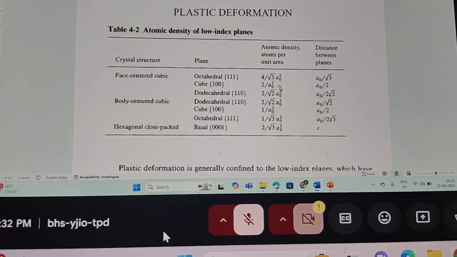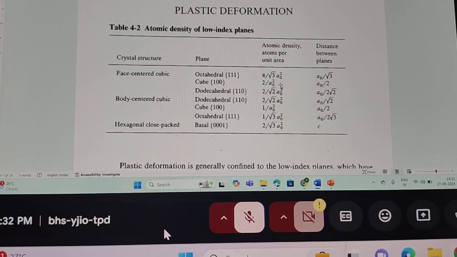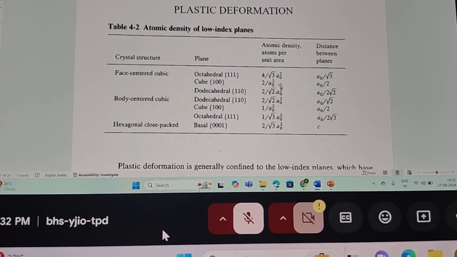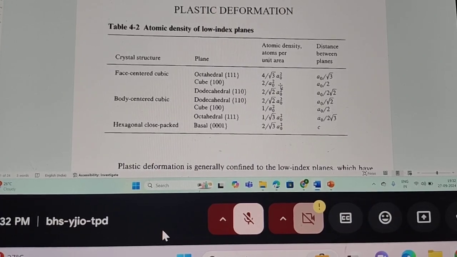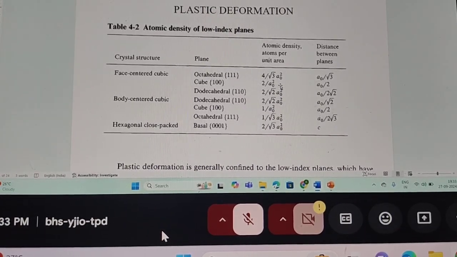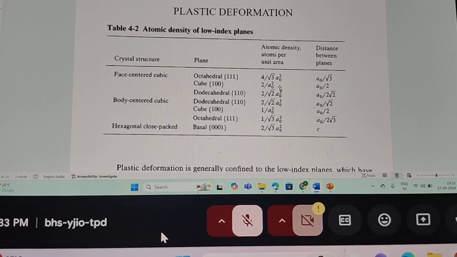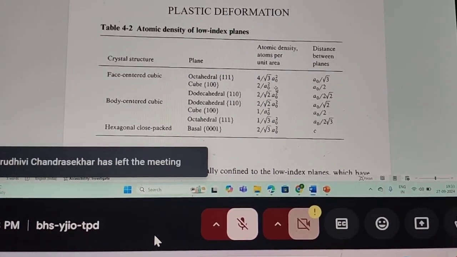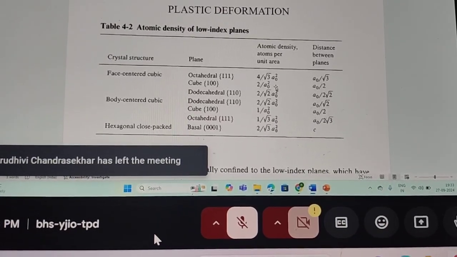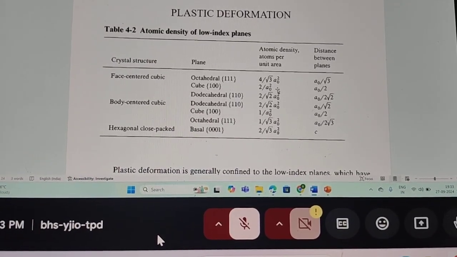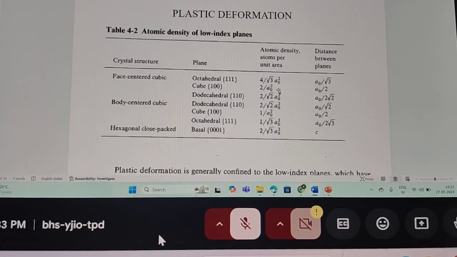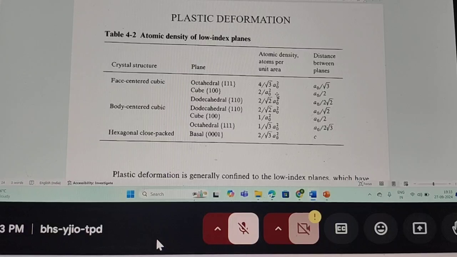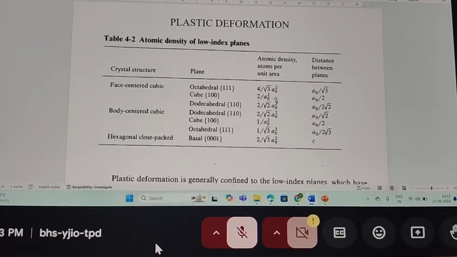Absolutely clear. That means a material which is very compact can be deformed with less effort. In a solid material also, in a metallic material, the structure which is very compact in nature, that means whose atomic density in that plane is very high, closely packed, whose packing densities are high, is affected first.